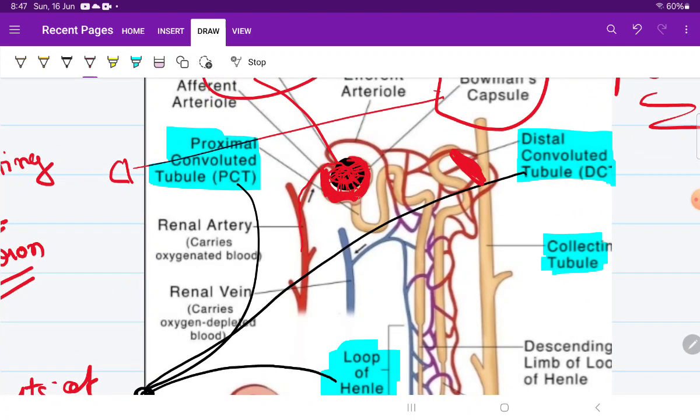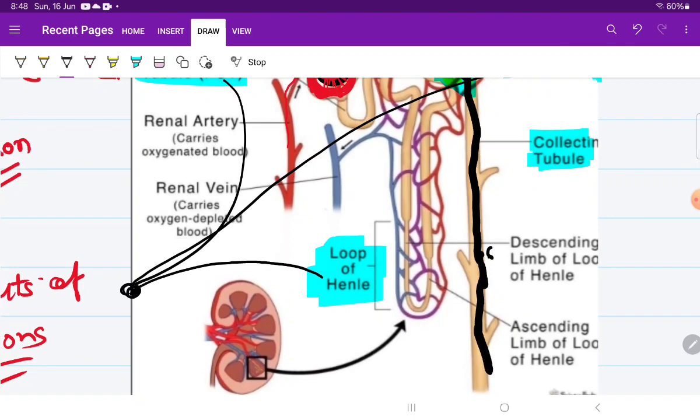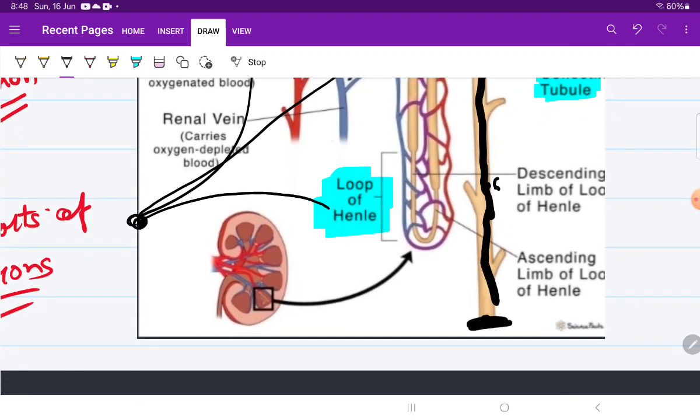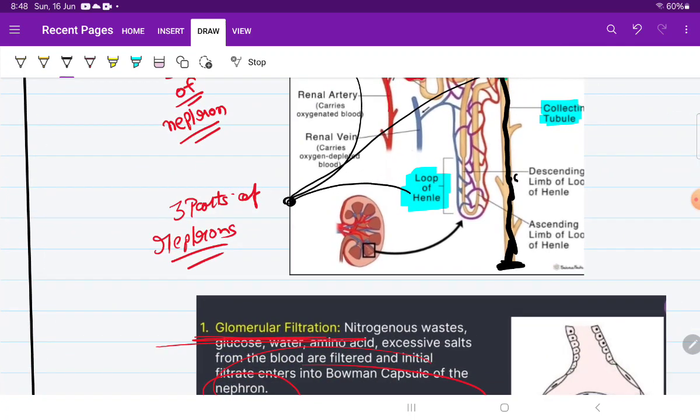So in the kidney the reabsorption process takes place over here. Okay, over here reabsorption takes place, and then the urine is stored in this pipe, and then it is stored in the urinary bladder and opens.